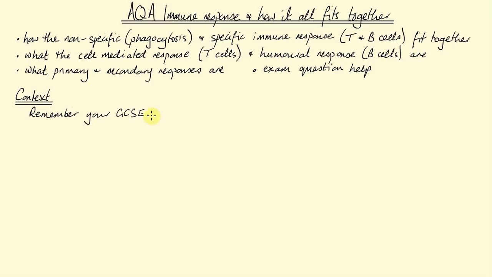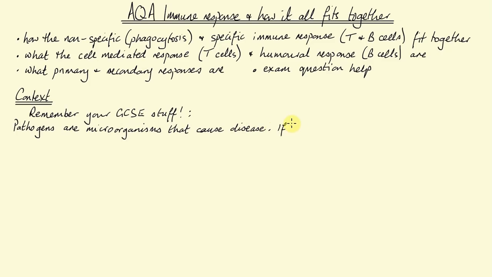It's really important that you remember your GCSE immunity. So here we go as a little bit of a reminder. Pathogens are microorganisms that cause disease. And if they infect you, now notice that infection means getting past your natural defences.